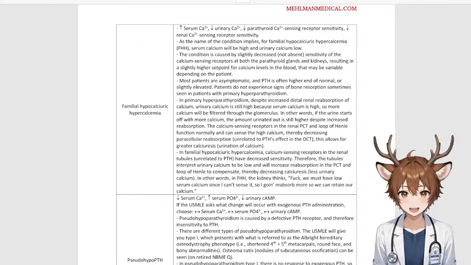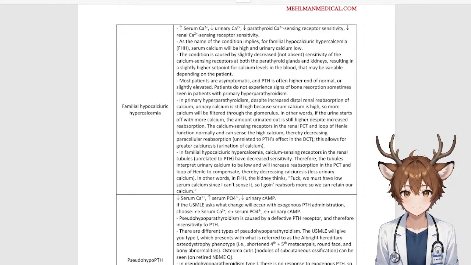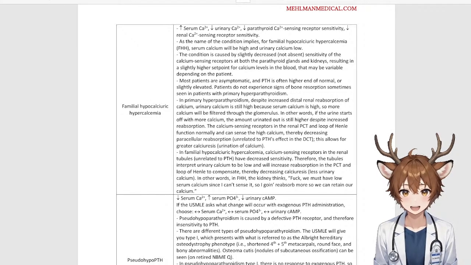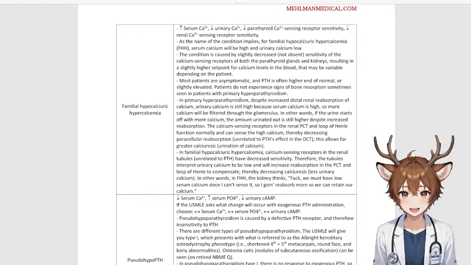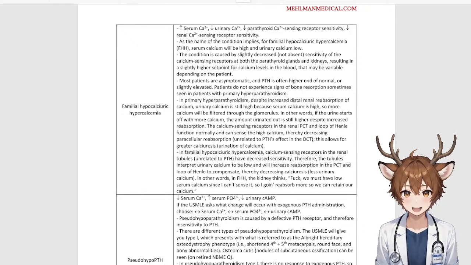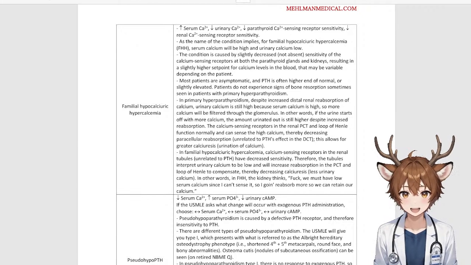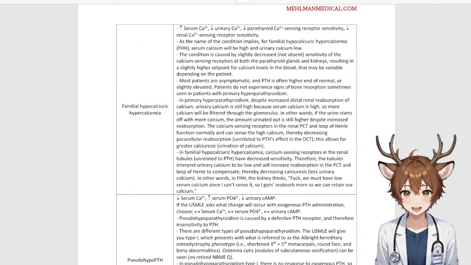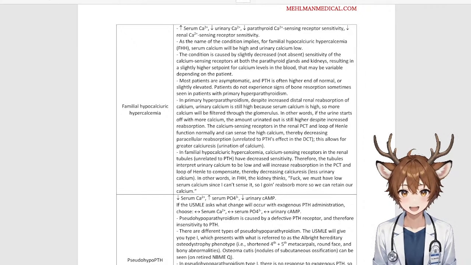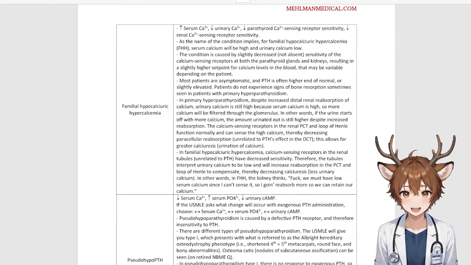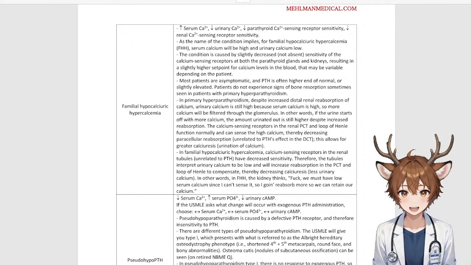In other words, if the urine starts off with more calcium, the amount urinated out is still higher despite increased reabsorption. The calcium-sensing receptors in the renal PCT and loop of Henle function normally and can sense the high calcium, thereby decreasing the paracellular reabsorption unrelated to PTH's effect in the DCT. This allows for greater calciuresis, urination of calcium.